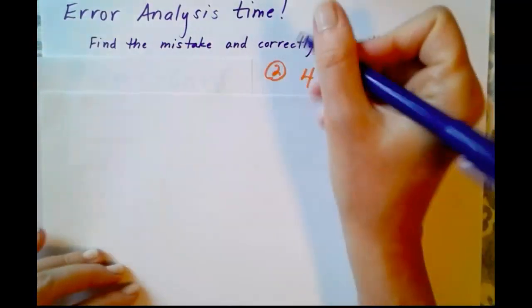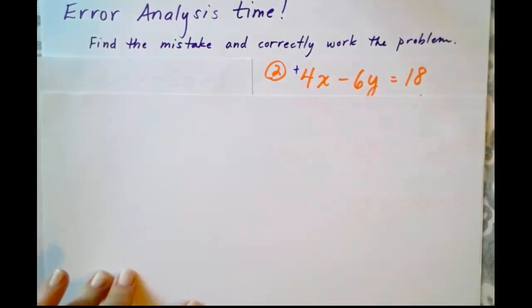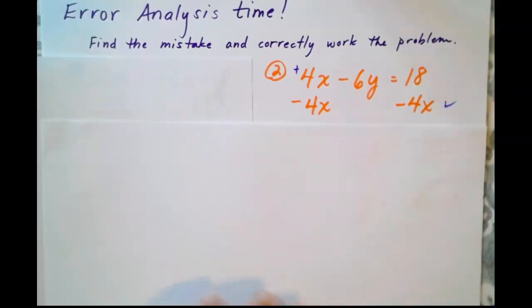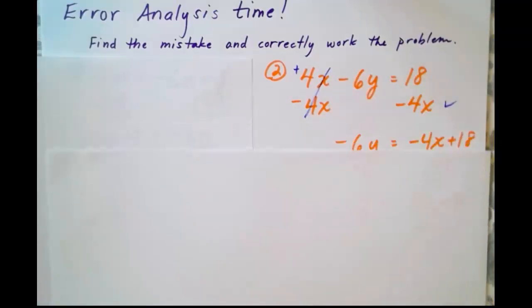That, of course, is a positive 4x. So in order to get rid of 4x, I need to subtract 4x. So that part is done correctly. So 4x minus 4x cancels, which leaves us with negative 6y equals negative 4x plus 18.